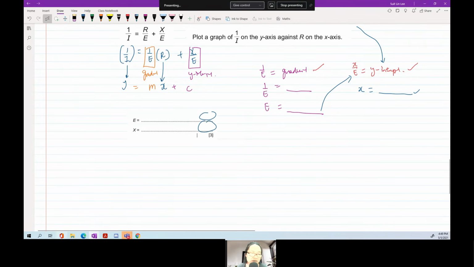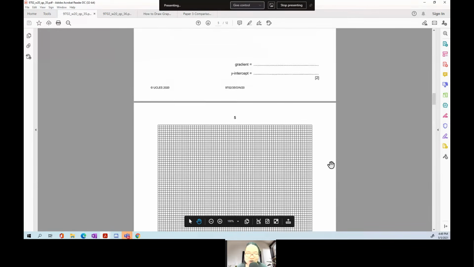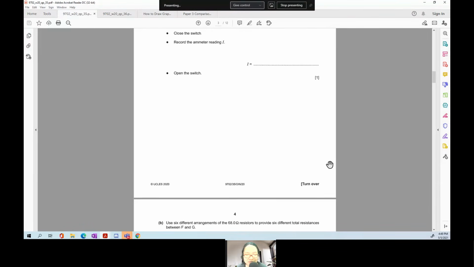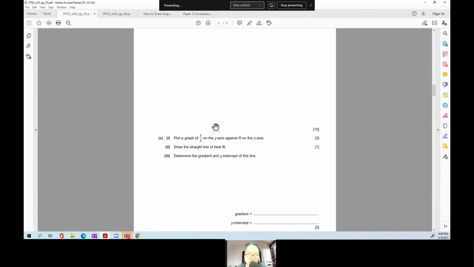So it's either you infer from the experiment. For example, here is how I can cheat a bit lah if I don't want to use my graph. Okay, so I go and look at what is E. I think E here stands for EMF, but you can always look at this to confirm.